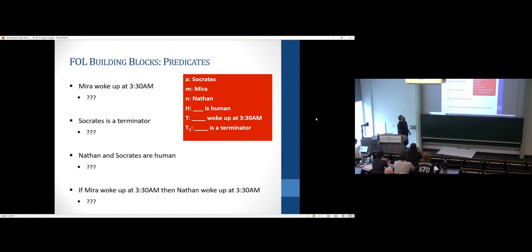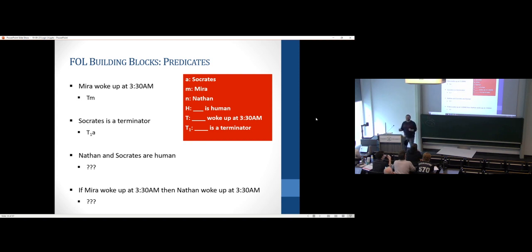Okay. So let's do some practice, right? Same sample key, let's try Mira woke up at 3:30. How would we symbolize that? T m, capital T, lowercase m. Easy peasy. Socrates is the Terminator.